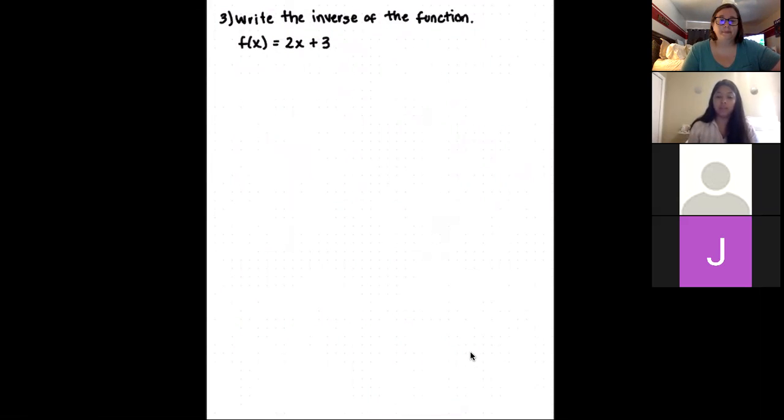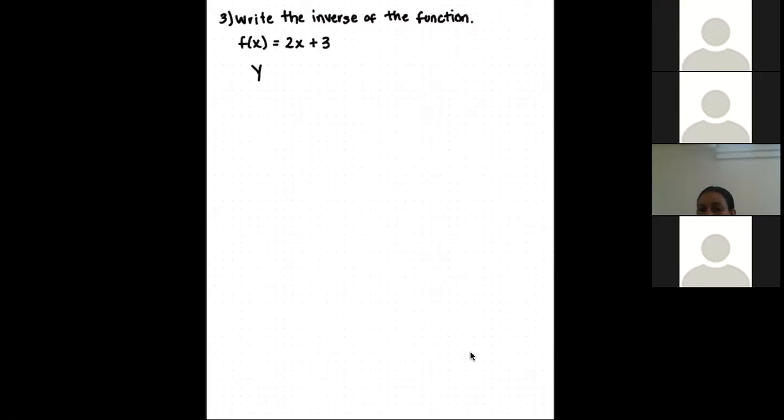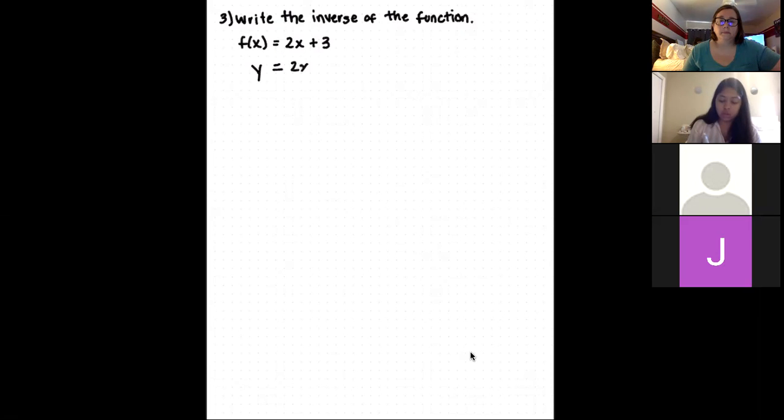And lastly, we have write the inverse of the function. Whenever we want to write the inverse of the function, we start by using y instead of f of x. So I'm going to write y equals 2x plus 3. And then I'm going to switch x and y. So I'm going to have x first and then y.